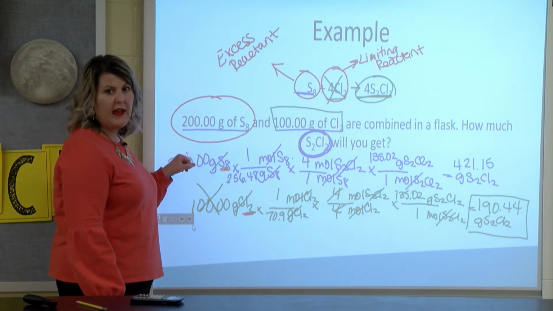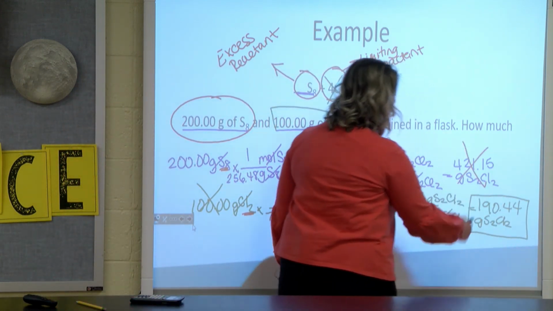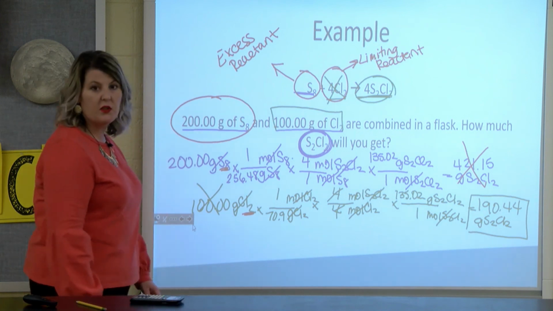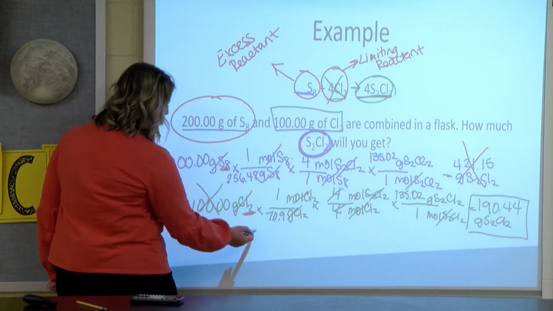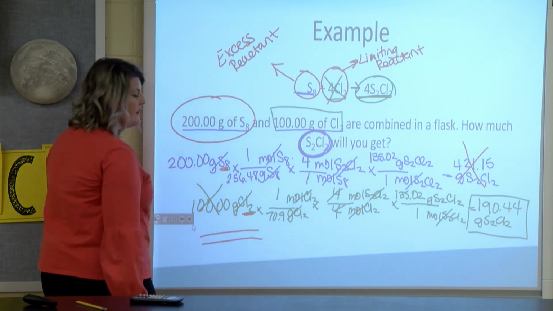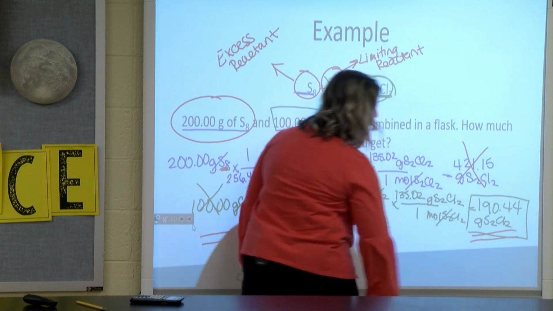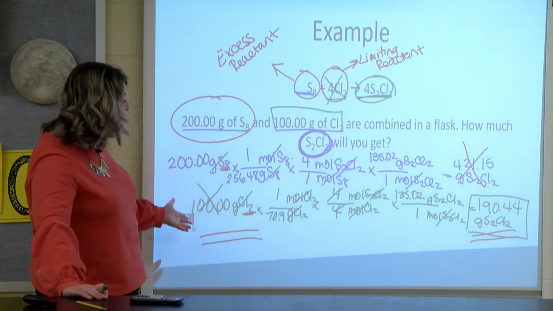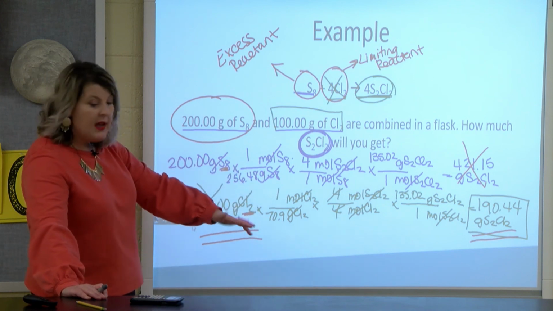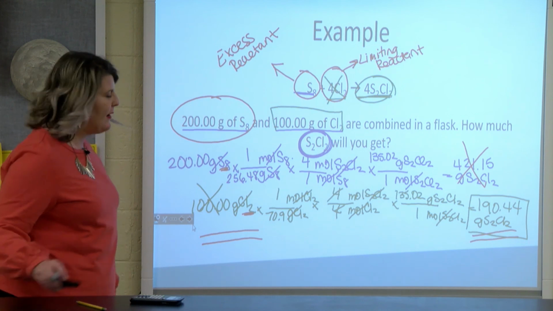We don't know how much of that we used yet. We know that we did not make 421.15 grams of S2Cl2, but I do know that I used 100 grams fully of Cl2, and I do know that I made 190.44 grams of S2Cl2. So I can choose either of those numbers. I'm going to choose the 100 grams of Cl2 to start with because it's just a nice round number.